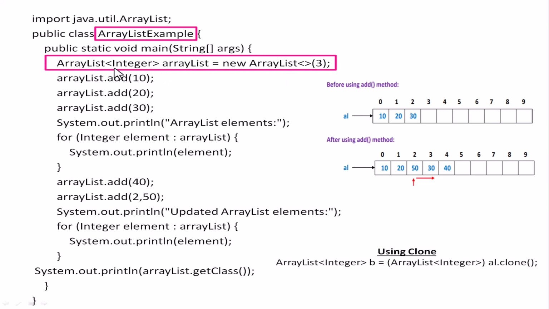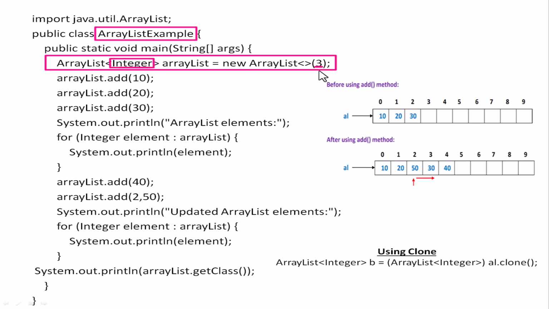With the Integer data type, if you do not specify the integer, it will accept data of any data type. But if you declare it as Integer, then only Integer objects will be added inside the array. Now inside the constructor, we have specified the size 3.